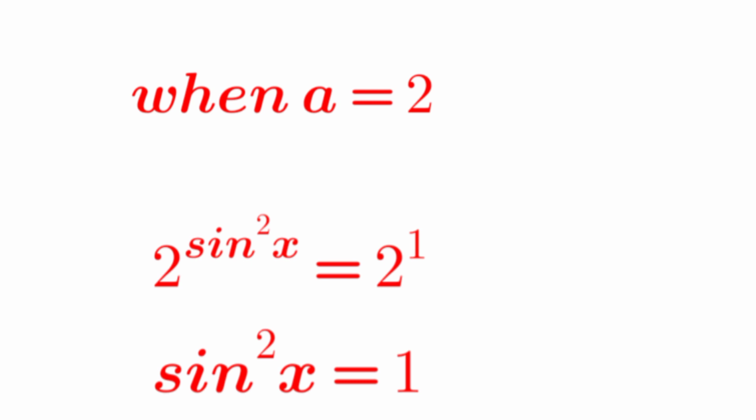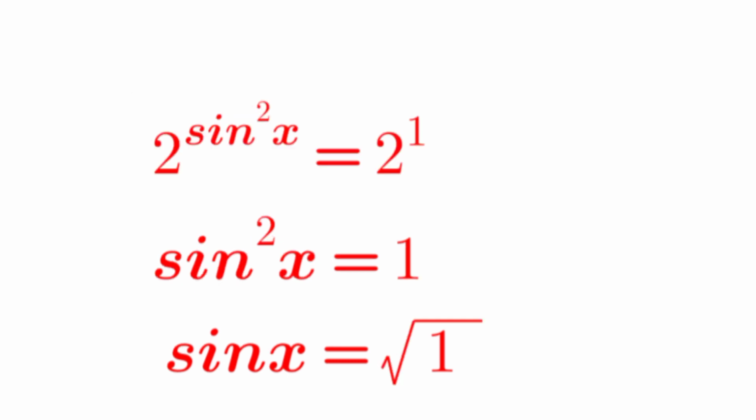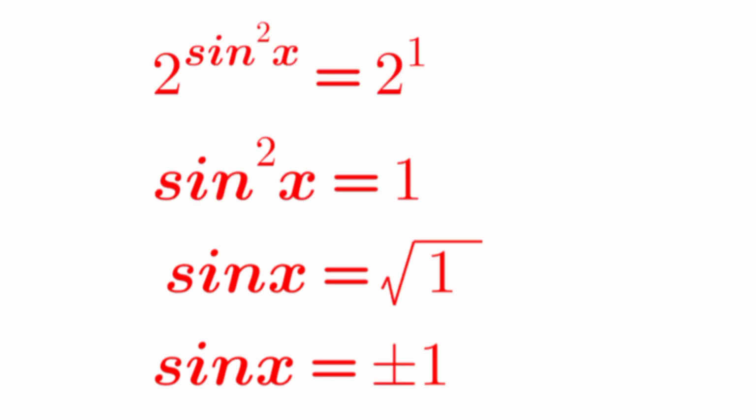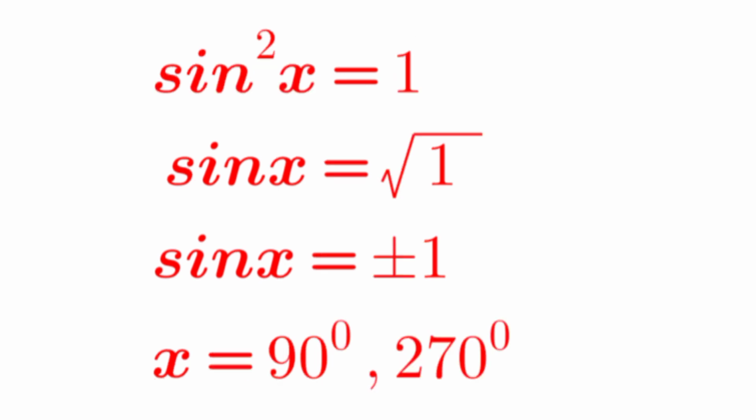Now to get rid of the square, once again we are going to square root both sides. So we have sine x is equal to the square root of 1. The square root of 1 is equal to plus or minus 1. And when you solve this, we have x is equal to 90 degrees or 370 degrees.